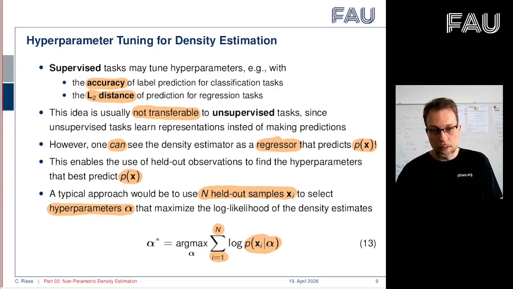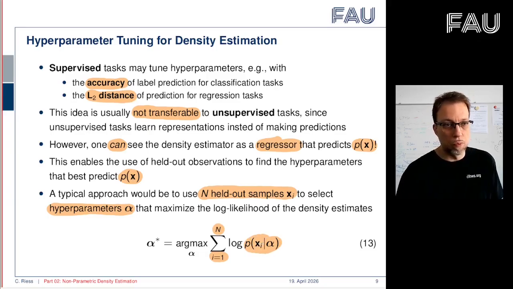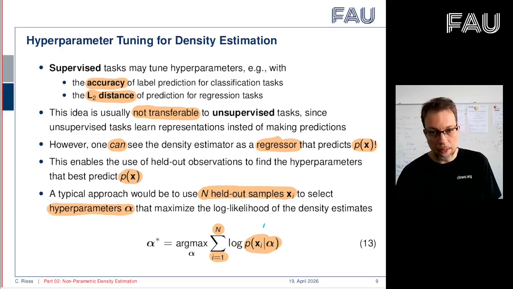And we look at how likely it would be with this density estimate to create observation xi from our held-out data. As you're also familiar from pattern recognition, we can take the log likelihood to make it numerically more amenable. So we have a sum here of the log of these observations, and we pick that set of hyperparameters that maximizes this log likelihood.